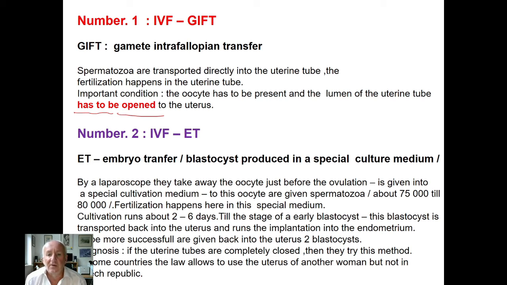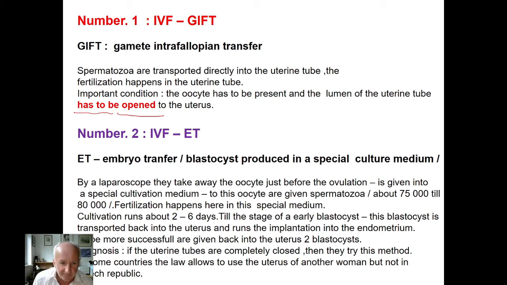Gamete intrafallopian transfer, GIFT. If this happens, with many spermatozoa in the uterine tube, fertilization happens in the ampullary part, and the morula and the blastocyst move through the uterine tube to the uterus.